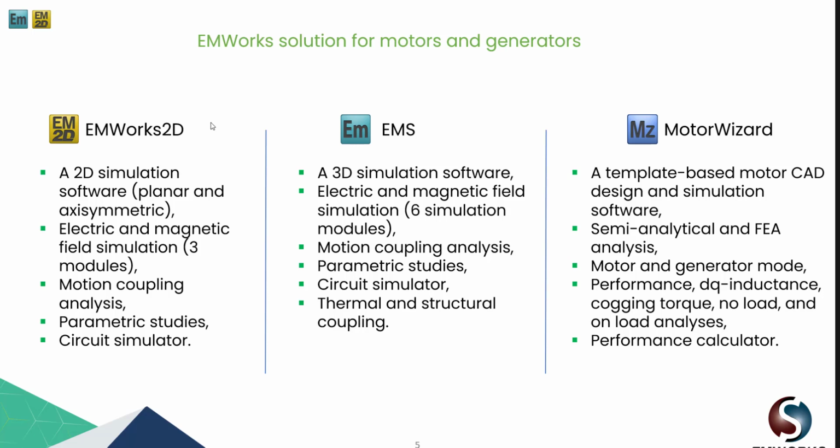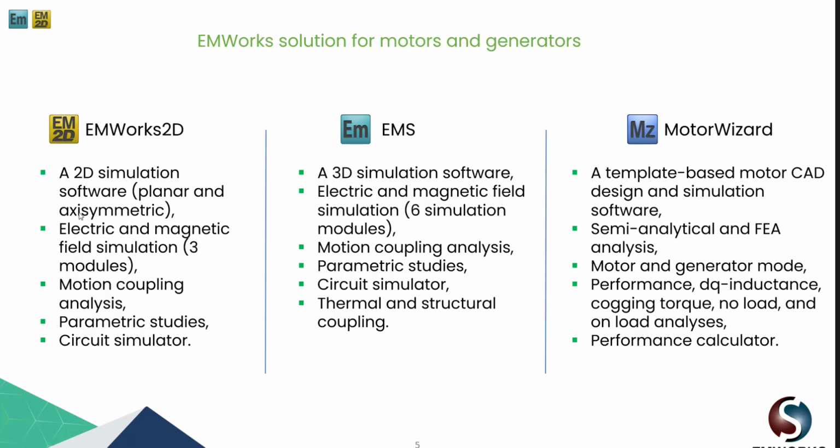We have various solutions. EMWorks2D is a 2D solution, both planar and axisymmetric. You can do electrical and magnetic field simulation with coupling to motion, parametric study, and circuit simulation. This is primarily for radial flux, because a radial flux generator or motor is practically 2D since it is invariant along the longitudinal direction.